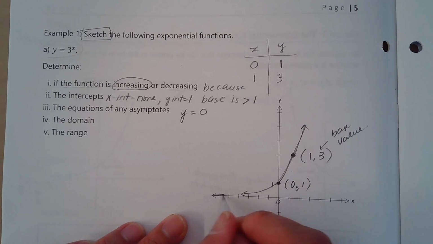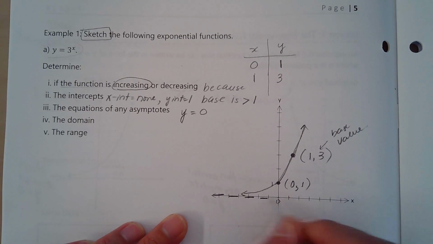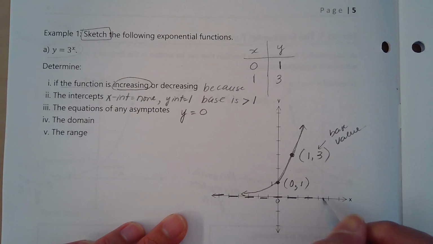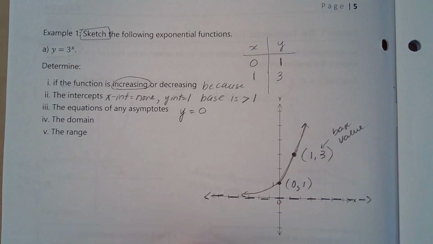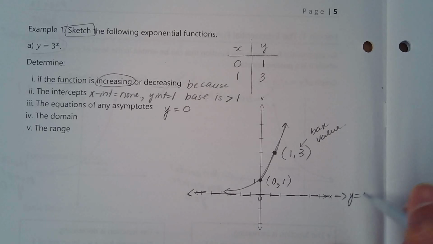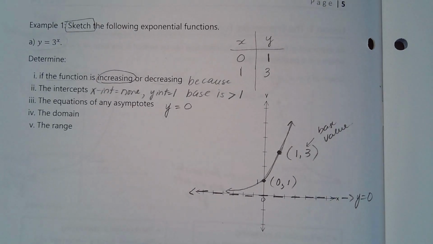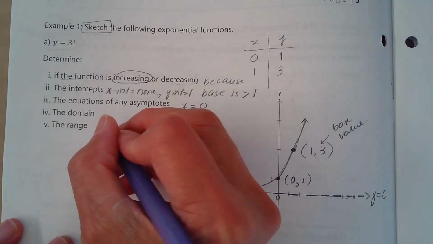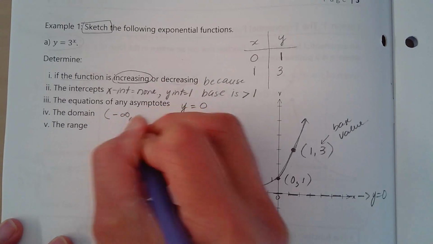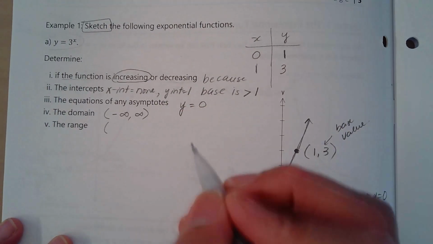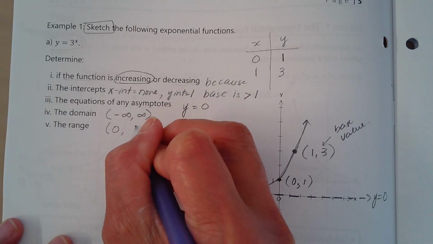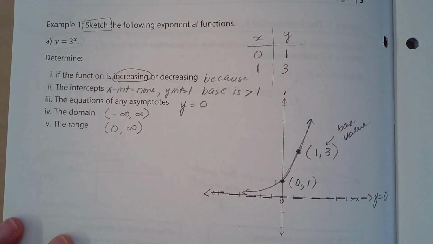So our asymptote is here. Domain is from negative infinity to positive infinity, and range is from 0 to infinity.